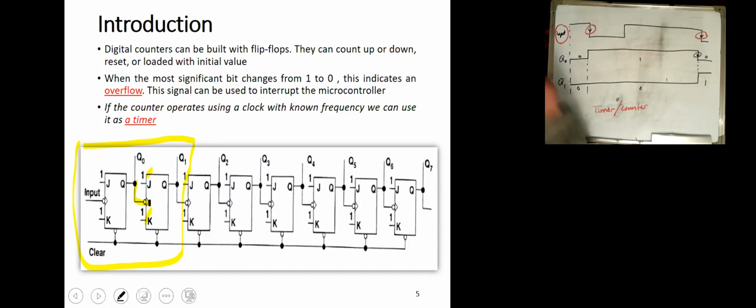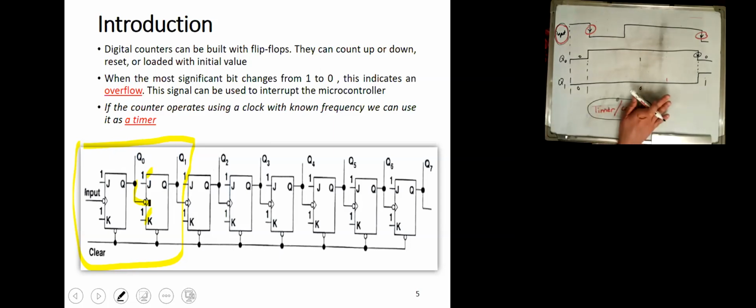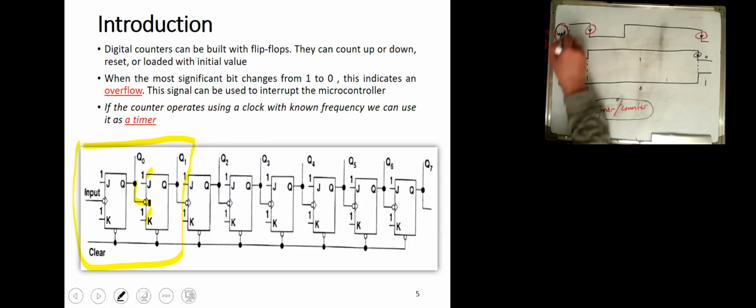Now, this is usually seen, as I said, in most microcontrollers that allow you to change the input. For some microcontrollers, the clock input to the counter is fixed. It is always connected to the oscillator. So it is basically just a timer module. However, in other microcontrollers, this input, which is the trigger for the counter, is configurable.